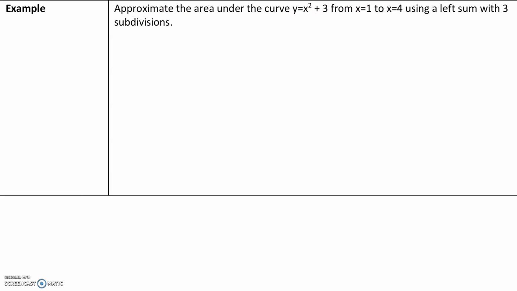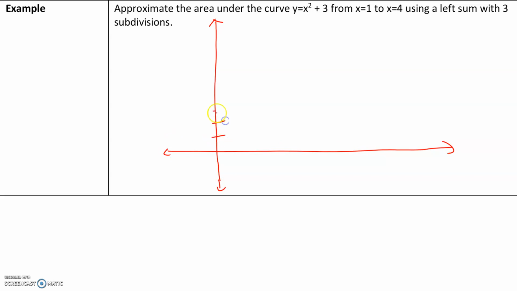So we want to find the area under the curve y equals x squared plus 3 from 1 to 4. So our first objective is going to be to sketch as accurate of a graph as possible. Now the curve x squared plus 3, you can graph this on Desmos, but it's going to basically look like this.